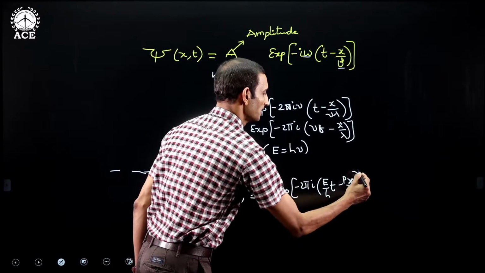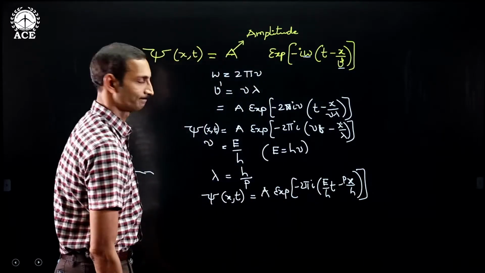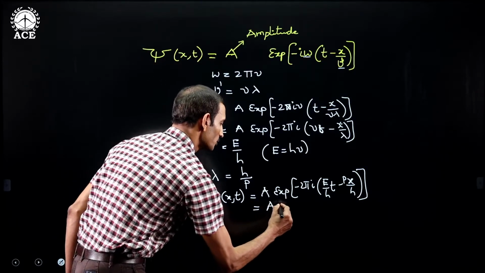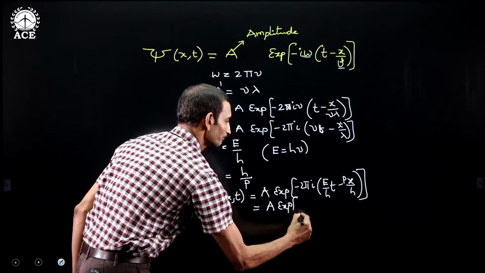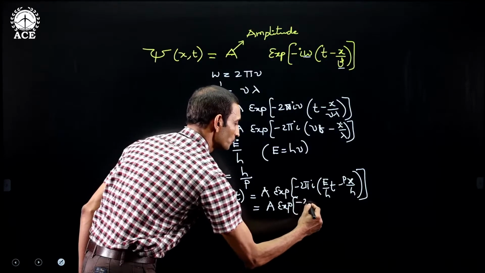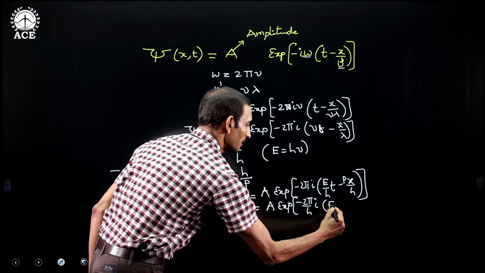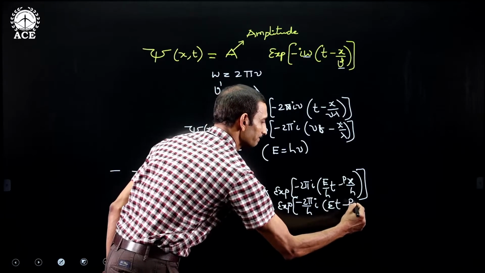So I would write it as px by h. Now when you take this as common, A into exponential, you take h out, that is 2 pi by h into i into (Et minus px).